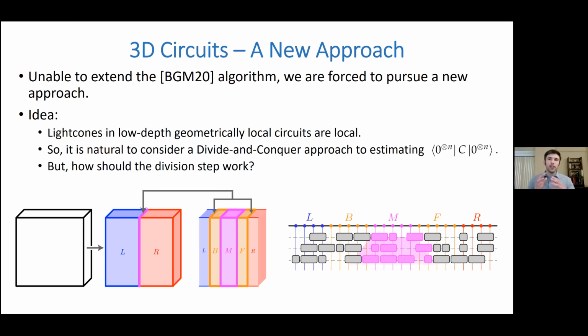So the intuition is that if you make the slice a constant width, the left and right-hand sides are light cones separated from each other. They don't touch each other, and you can, in a sense, compute many properties of them independently from each other. So you could hope that you can express the output probability over the whole circuit as some simple expression that depends only on chopped up pieces of the circuit.